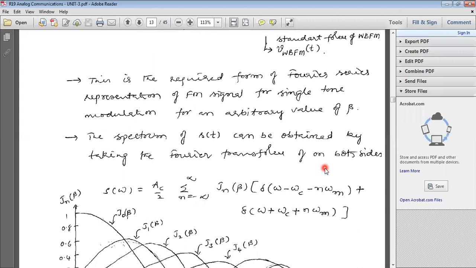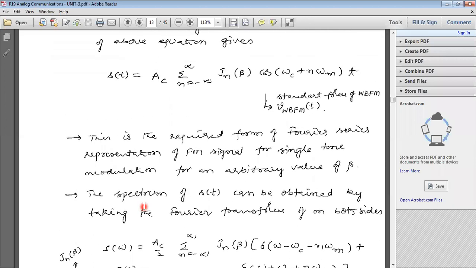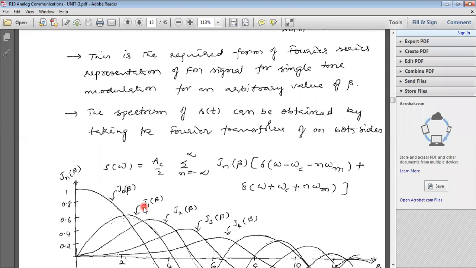If we take the Fourier series representation, then S of t becomes S of omega, and the amplitude AC becomes AC by 2. If you take the Fourier transform, why do we take the Fourier transform?